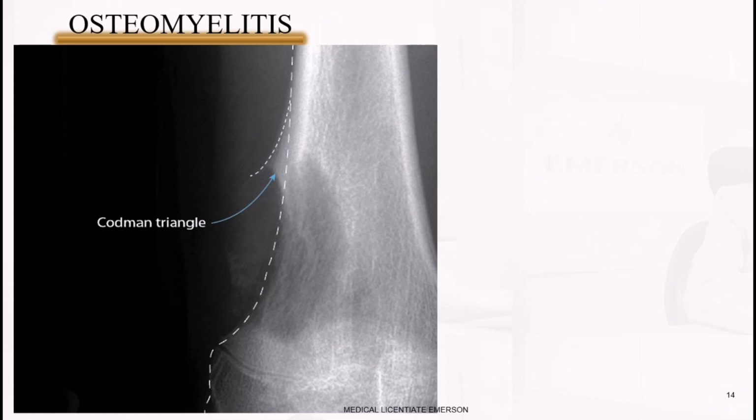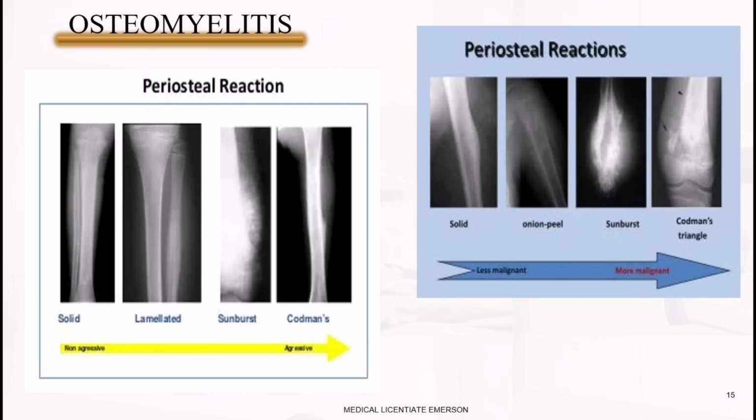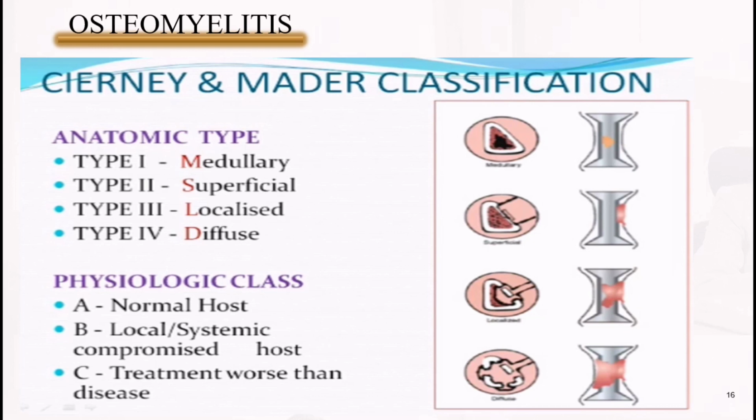And this is the Codman's triangle we were talking about, which is showing the periosteum that is being lifted. Then of course this is the periosteal reaction: solid, lamellated, sunburst, and Codman's. Then this is the classification of osteomyelitis using the Cierny-Mader classification.